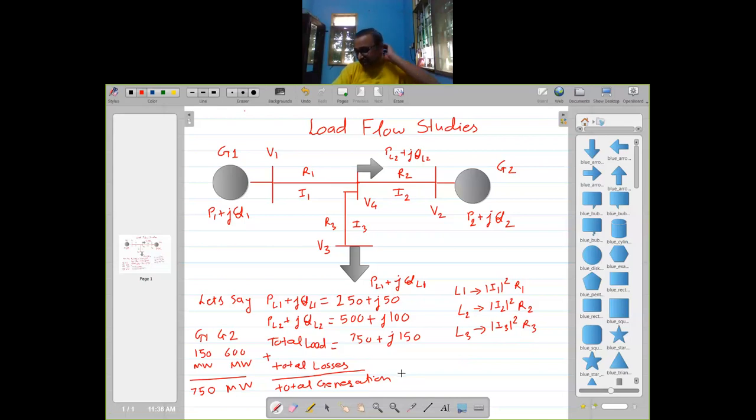This is one thing. The second part of it is, as I said, we have a generation capacity of 300 megawatt, as we have seen. Prior to that, it was 300 megawatt. This I will remove now. So we require basically 750 megawatt.